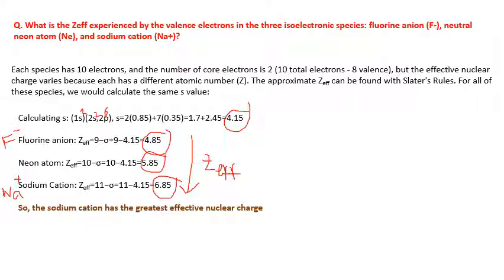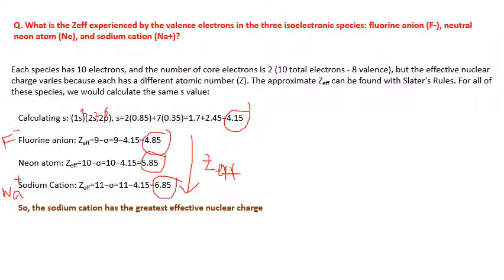So in all these species, the electronic configuration is the same because they are isoelectronic. You first fill in the electronic configuration, then remove the one electron of your interest, and the other electrons will contribute to the screening constant value.